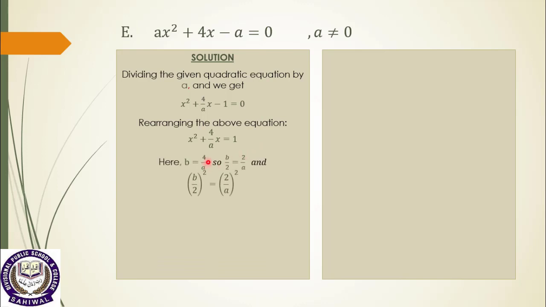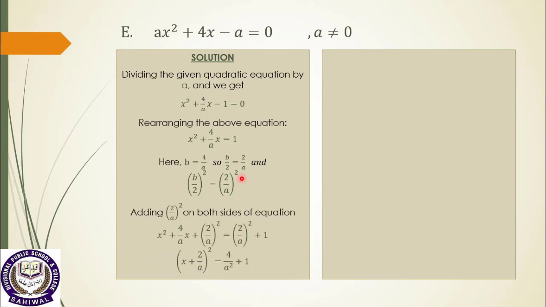Here the value of b is equal to 4 over a. So b over 2 is equal to 2 over a. And squaring them, we get b over 2 the whole square equal to 2 over a the whole square.